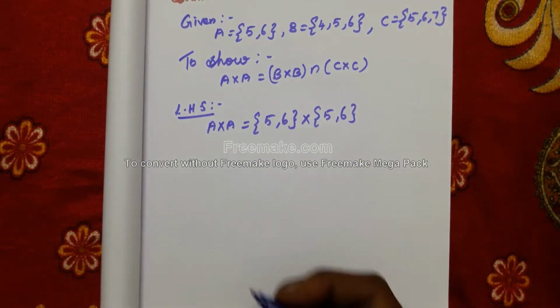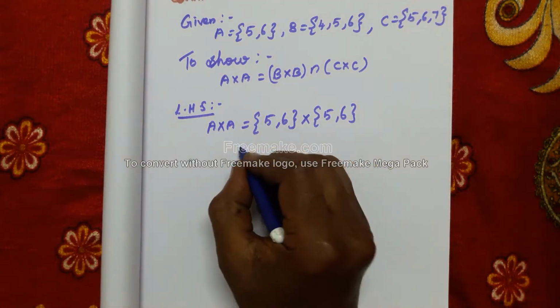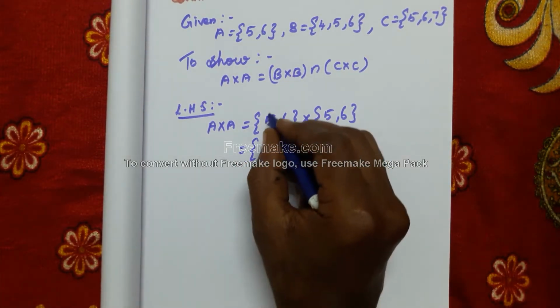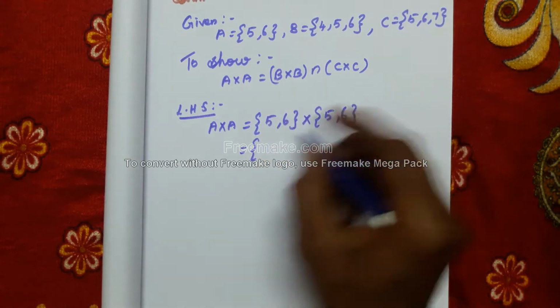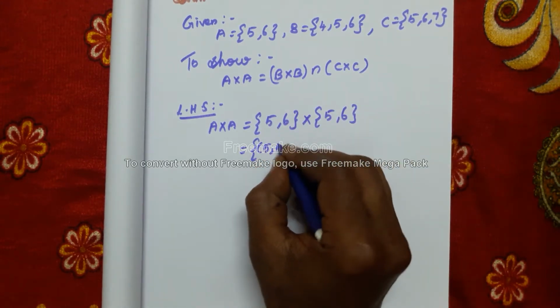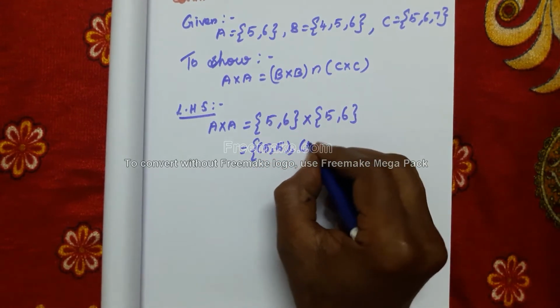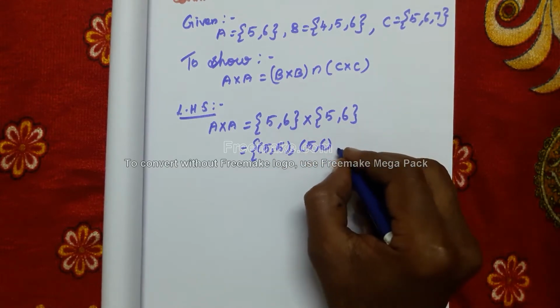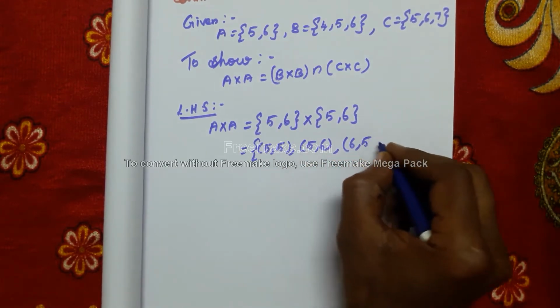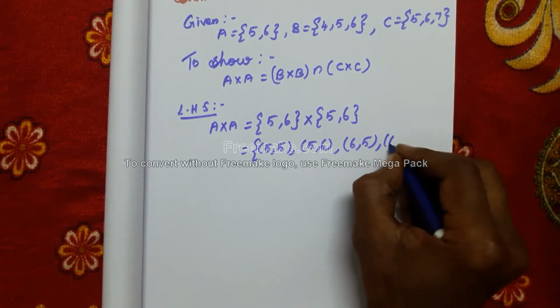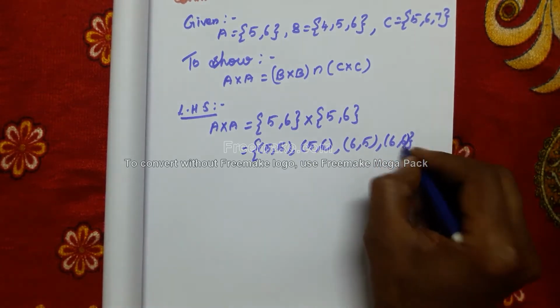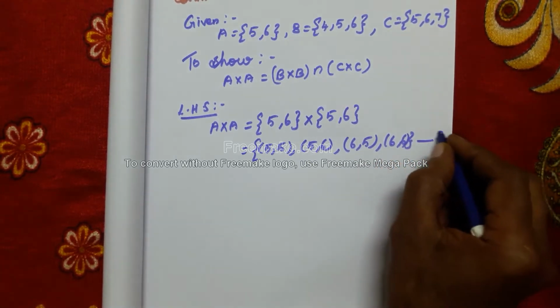Now we have to write the ordered pairs: (5, 5), (5, 6), (6, 5), (6, 6). Okay, it is equation 1.